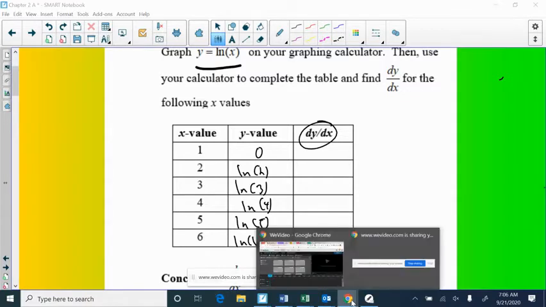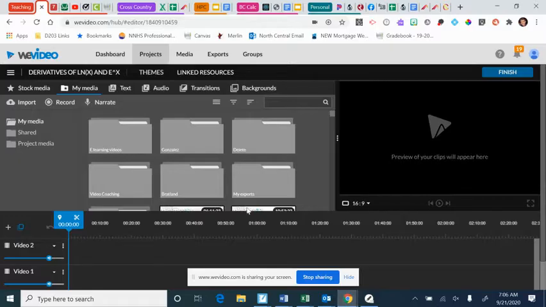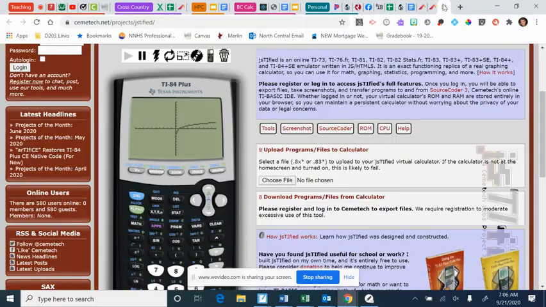So I'm going to go to my graphing calculator, which is right here, or at least an online version of it. Okay, so I went ahead and typed in y equals the natural log of x, and I went to my graph. Just so you know, you can calculate values.